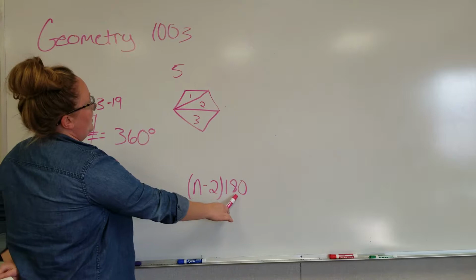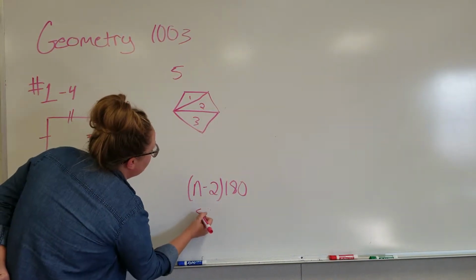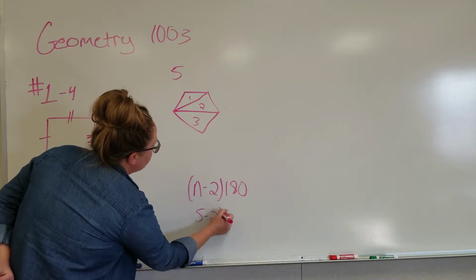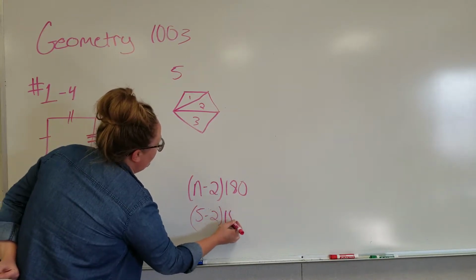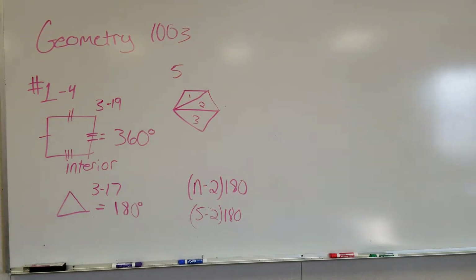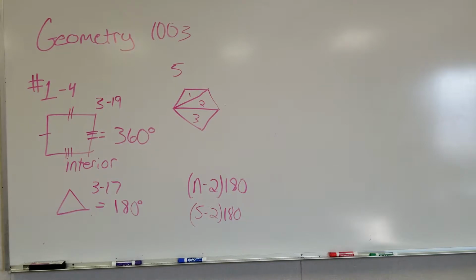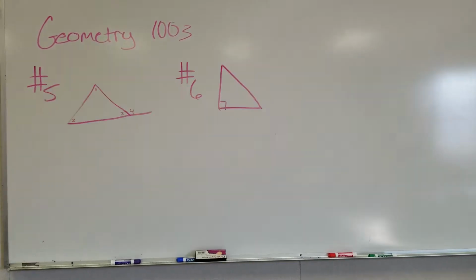That's why you multiply by 180. You take the number of sides, in this case 5, minus 2, always minus 2, and times it by 180. So the equation for the sum of the interior angles of an n-gon is the number of sides minus 2 times 180.